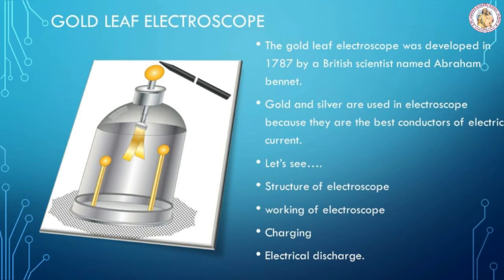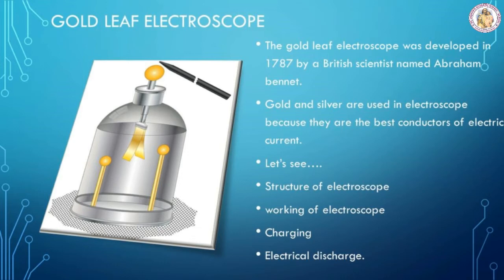Now, the working of the electroscope. When the brass disc of the electroscope is touched by the charged object, electric charge gets transferred to the gold leaves through the rod. This results in gold leaves moving away from each other. This happens because both the leaves have similar charge.